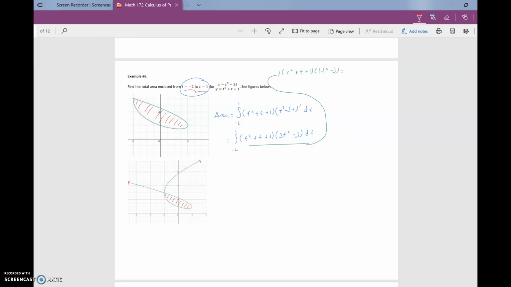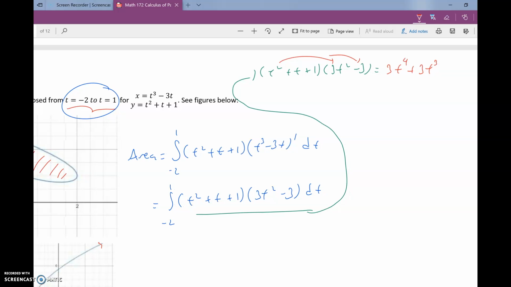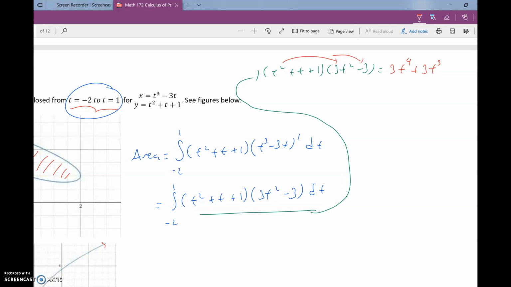As we multiply the t squared, we're looking at 3t to the fourth power, and then minus 3t squared.